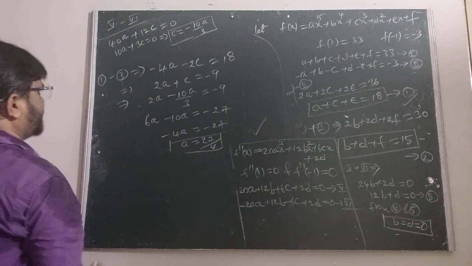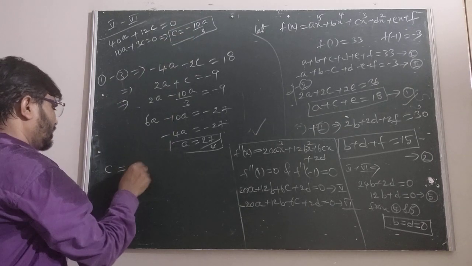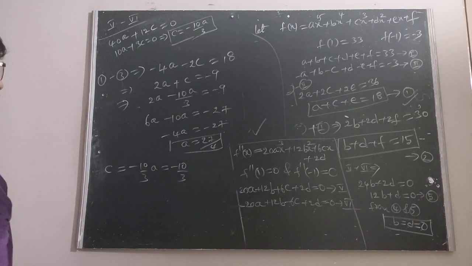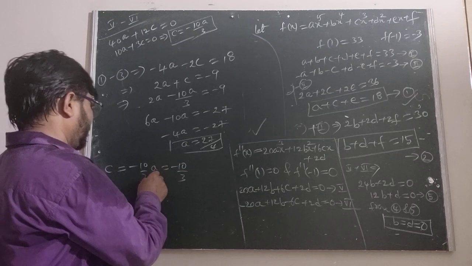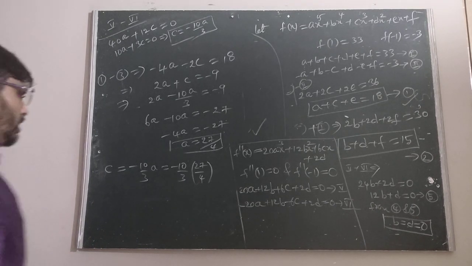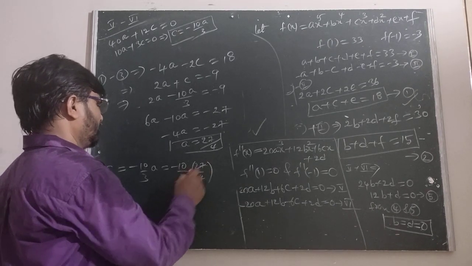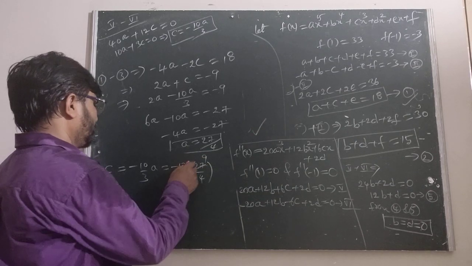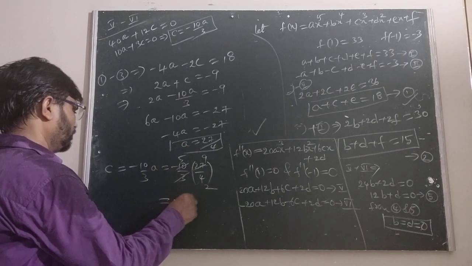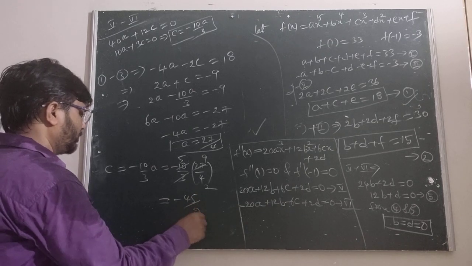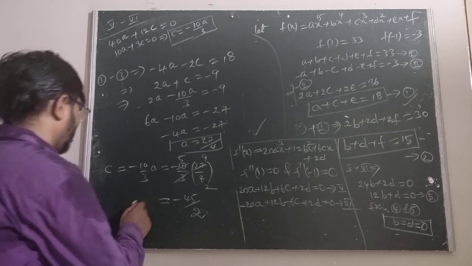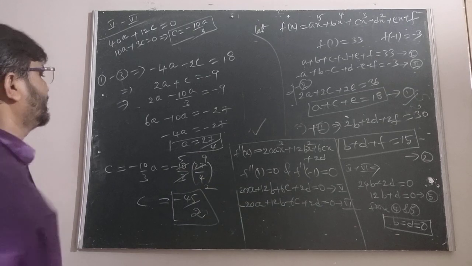Similarly, the value of c is minus 10 by 3 times a, with a equal to 27 by 4. 3 3s are 9, 3 9s are 27, and 2 2s are 4, 2 5s are 10. So this is minus 45 by 2.